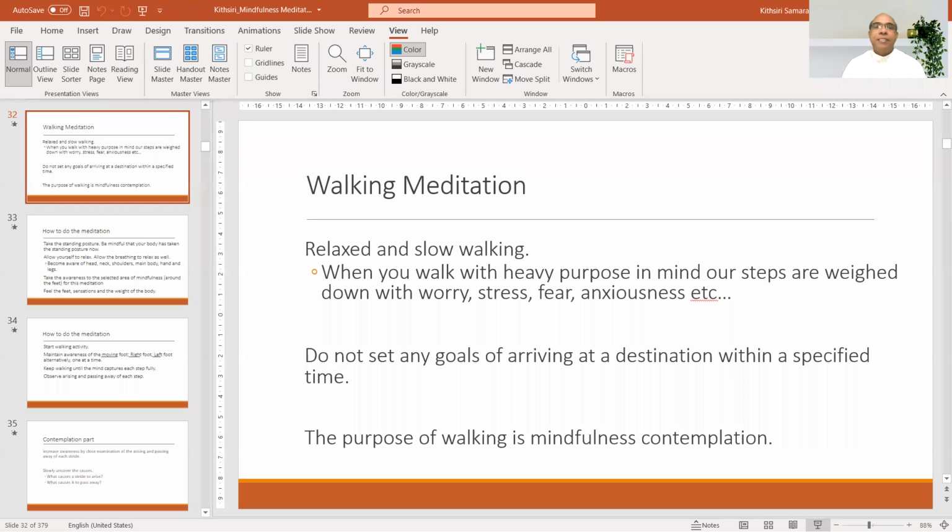Close examination means you focus upon how does it arise, how does it pass away. That kind of examination has to be done by the mind. What causes a stride to arise and what causes it to pass away.